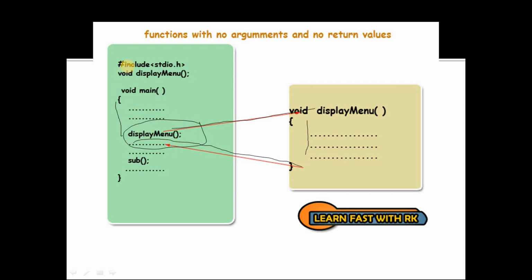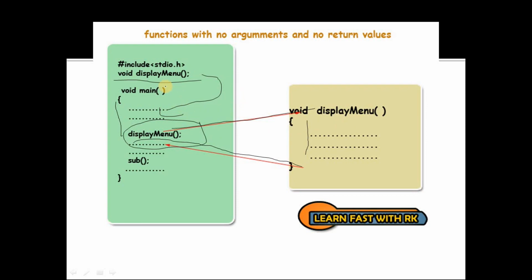Since it is available in the main function, the main function will become the calling function and the display menu function will become the called function. The declaration for this display menu function is written here in the global variable declaration. You can also write the same inside the main function, which does not make any difference when you have only a main function and the display menu function.